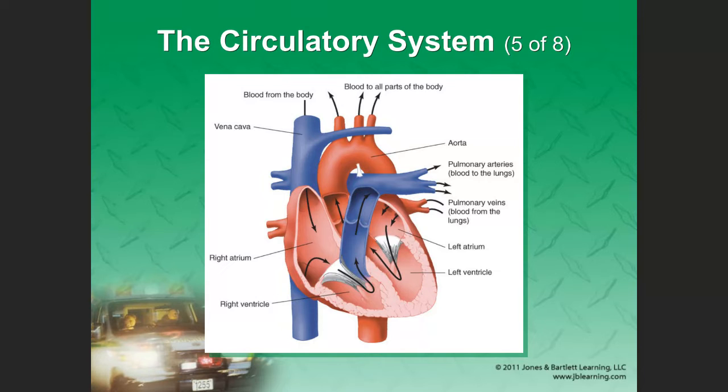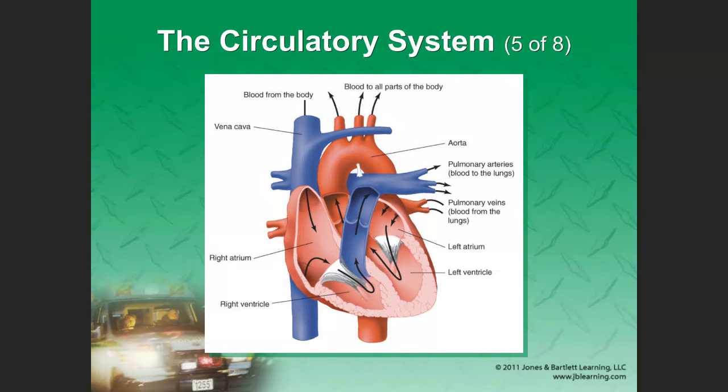When it gets to the lungs, at the level of the capillaries, which are wrapped around the alveoli or air sacs of the lungs, oxygen enters the air sacs. So oxygen then diffuses into the pulmonary capillaries, and then CO2 diffuses into the air sac. So the blood is now oxygenated.